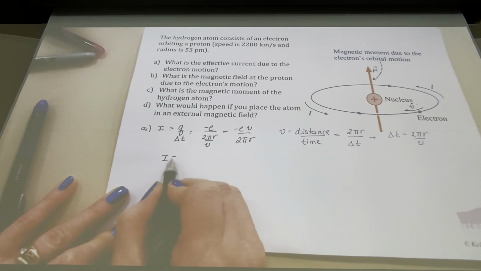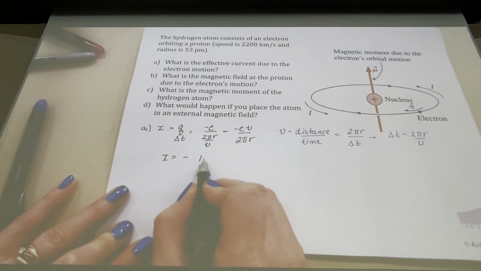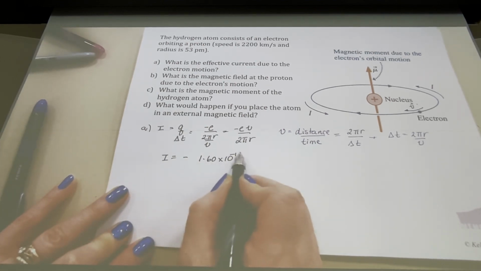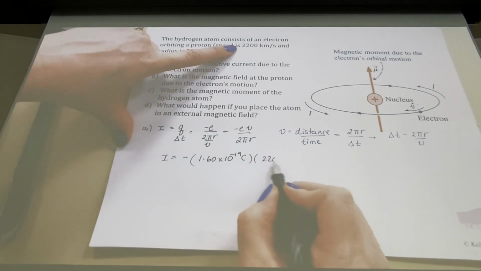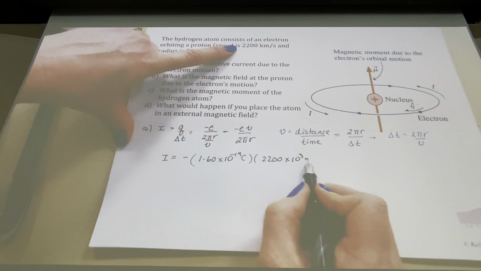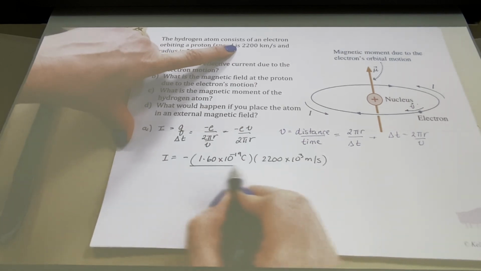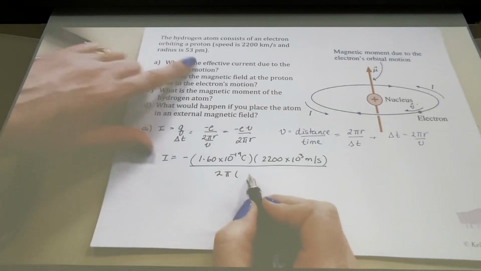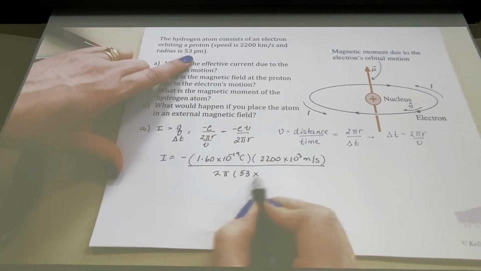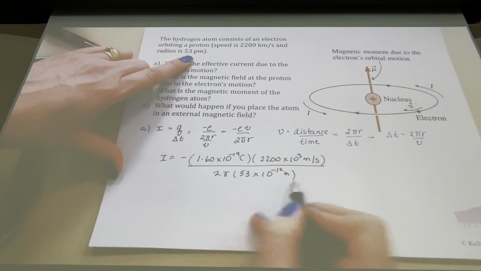So our current is minus 1.6 times 10 to the minus 19 coulombs, times the velocity, 2,200 kilometers per second, 2,200 times 10 to the 3 meters per second, divided by 2 times pi times the radius, 53 picometers, that means times 10 to the minus 12 meters.